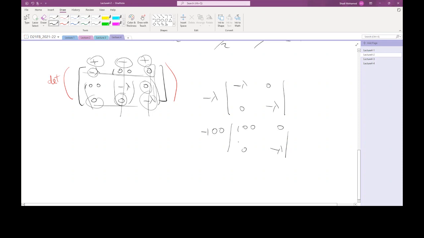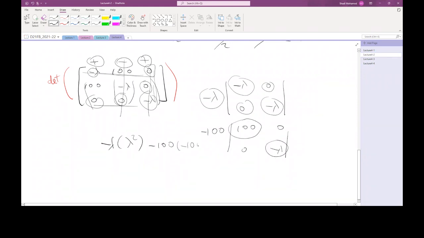All right, so I have minus lambda multiplied by the determinant of this. This is basically minus lambda multiplied by minus lambda, which is lambda squared, subtracted from 0. So I have minus lambda multiplied by lambda squared, minus 100 multiplied by minus lambda multiplied by 100.